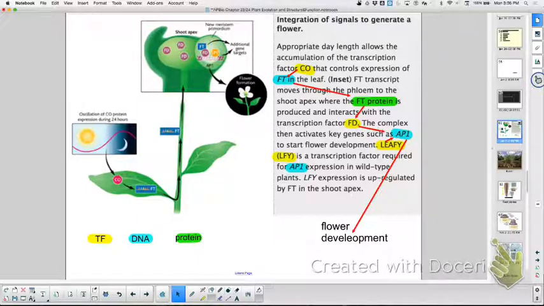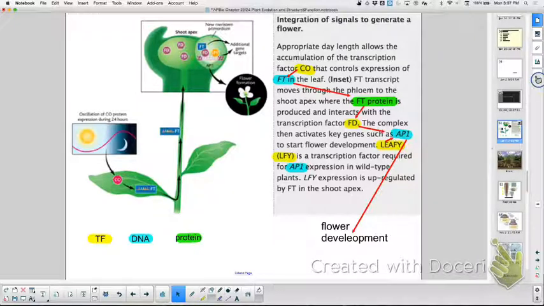So this is showing you that appropriate day length allows the accumulation of the transcription factor, which I haven't highlighted, CO, that controls expression of the FT gene. FT transcript moves through the phloem to the shoot apex, where the FT protein is produced.